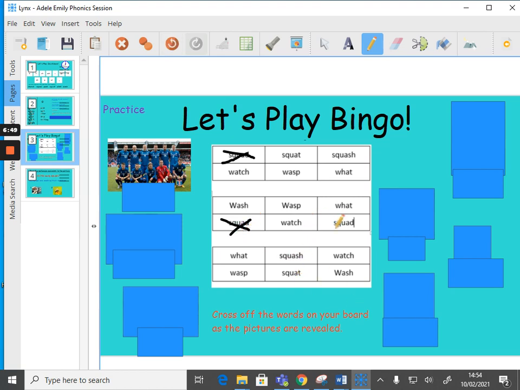And here it is. Oh, it's twice on board 2, squad. Okay, now let's reveal the spelling of the word squad. Squad. Fantastic. Ready for me to reveal the next picture? Everybody ready? Sitting up straight.